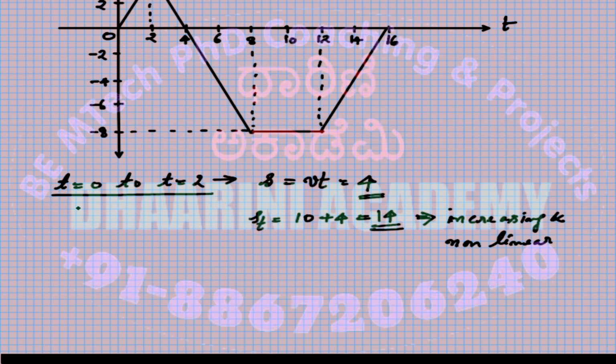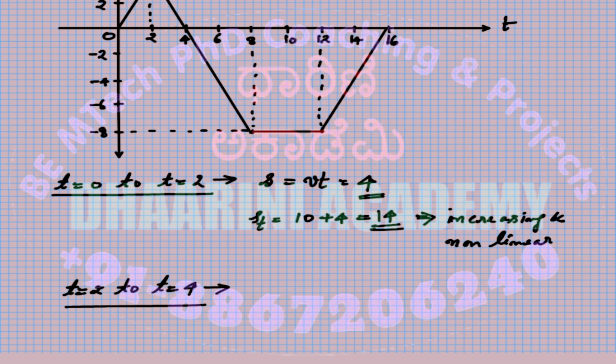So this is between 0 to 2 seconds. Then the next part of the curve is t equal to 2 to t equal to 4. I can see that the velocity is slowly decreasing. But since it is above the axis, I can consider that to be positive.